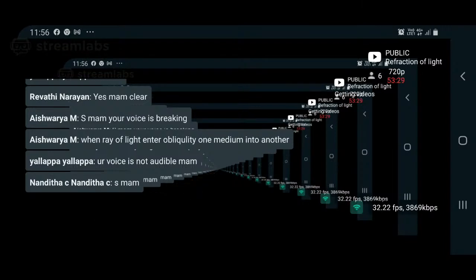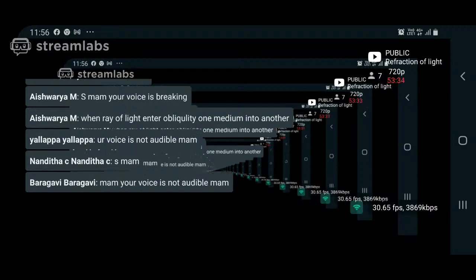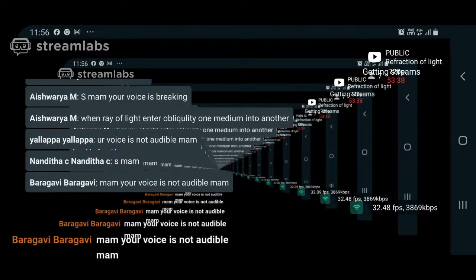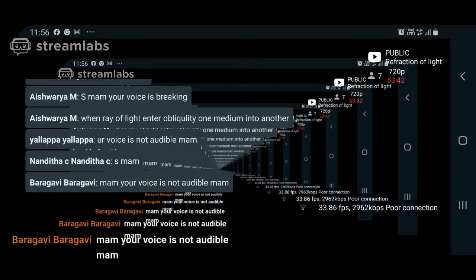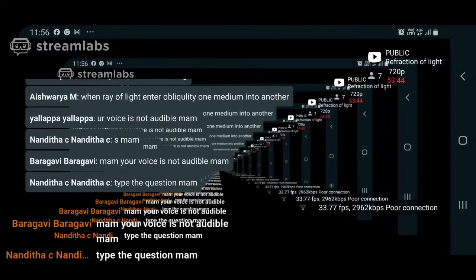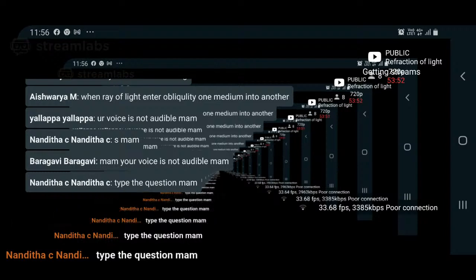Okay, so if it is cleared, then in the next coming session, you want to answer the questions. What are the laws of refraction of light? And what happens when the angle of incidence and the angle of refraction passes from lighter medium to the denser medium?